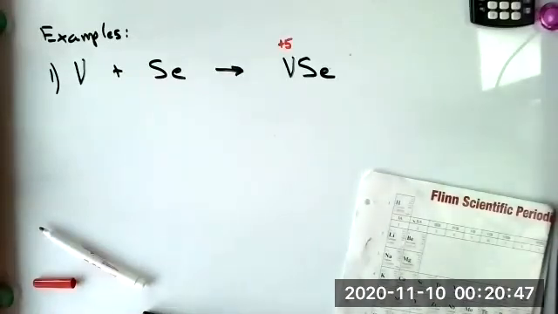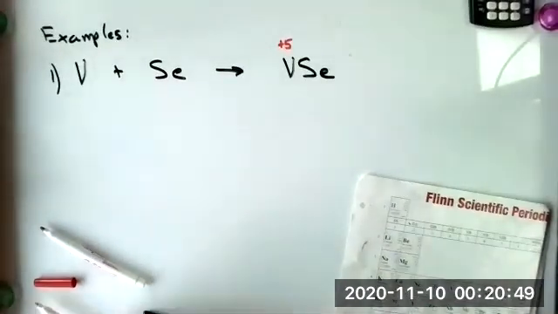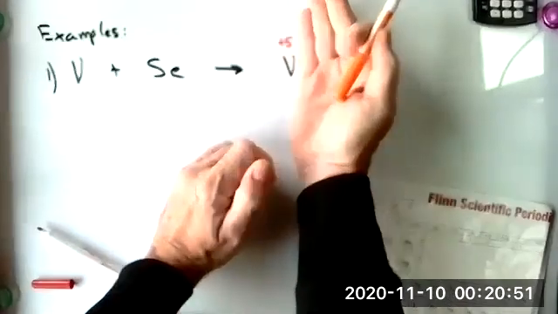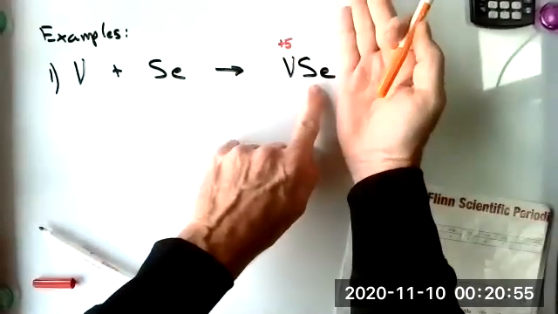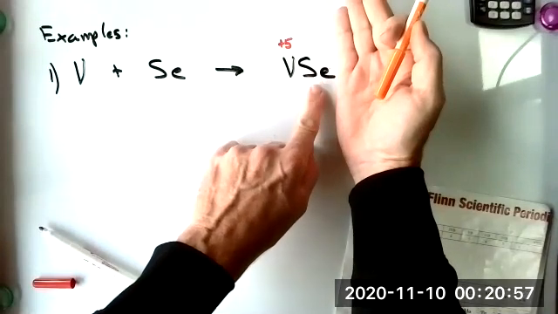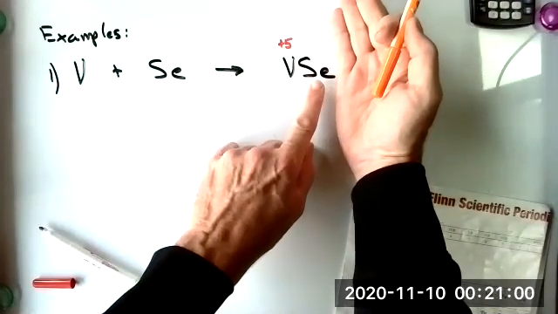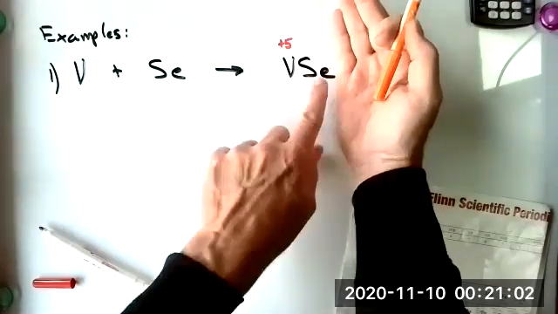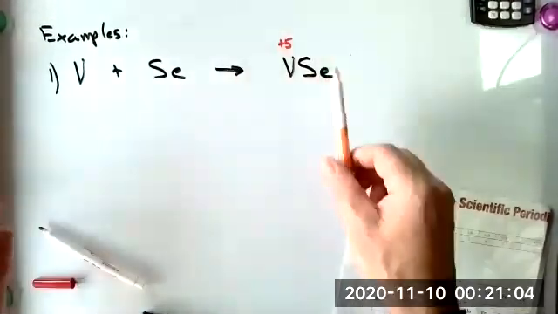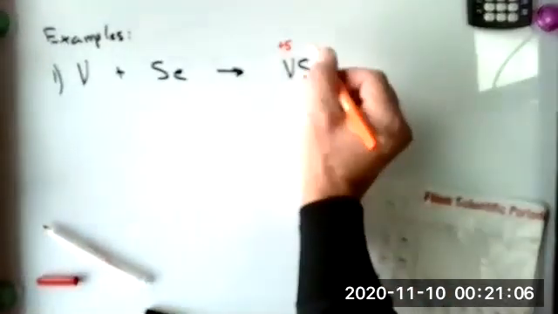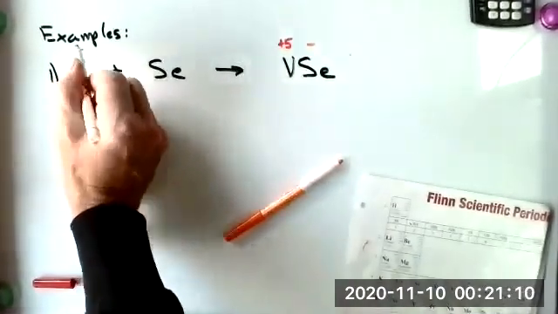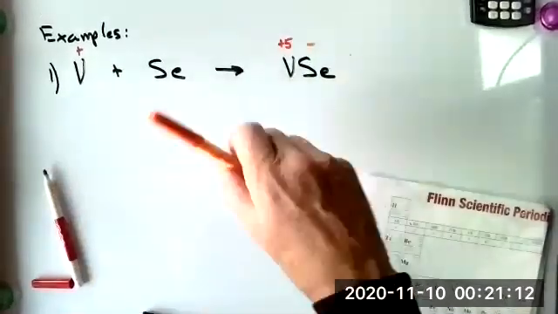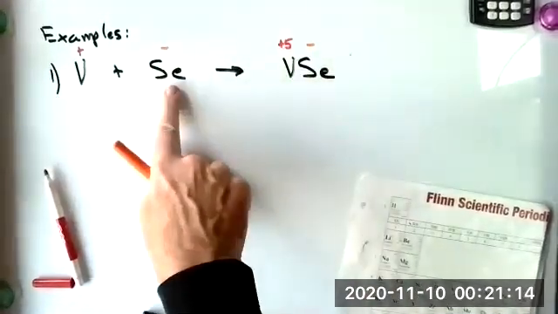Now, selenium, you have to remember that the front guy will always be positive because he will be the metal. And the second one is going to be negative. He's going to gain electrons because he's going to be the non-metal, or he could be a metalloid. But you already know that it has to be a negative number. So every single time, the positive guy will be in the front, negative guy will be in the back.